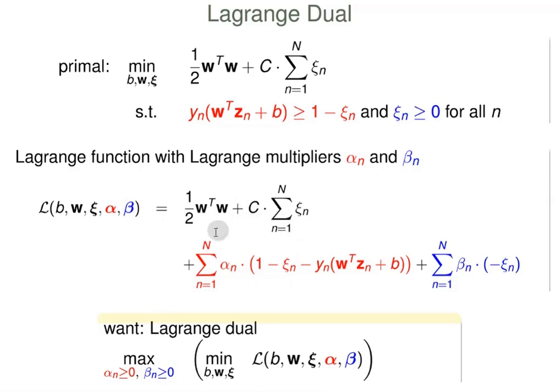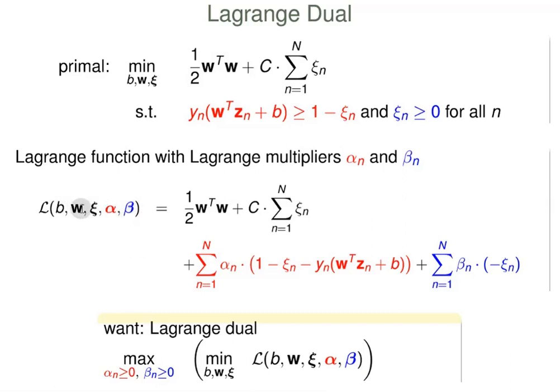The Lagrangian function here is denoted by L of b, w, xi, alpha, and beta. The new dual variables that we added in soft-margin SVM are beta and then C.